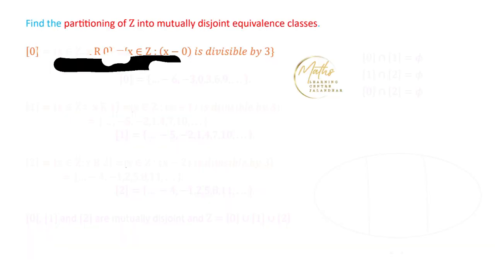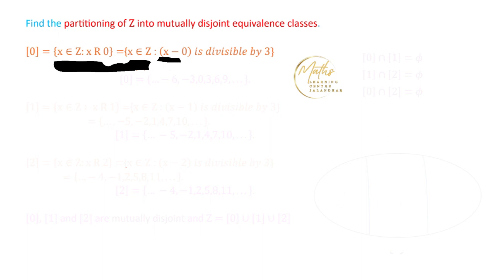First of all, we take the integer 0 and calculate the equivalence class corresponding to this number 0. The equivalence class corresponding to 0 means we are interested in those integers x which are related to 0. By the definition of this relation, we are interested in those integers for which x minus 0 is divisible by 3.